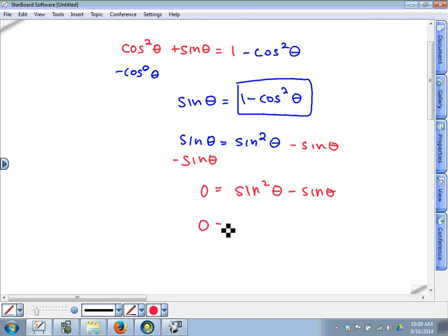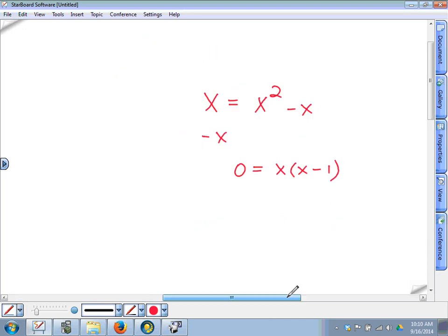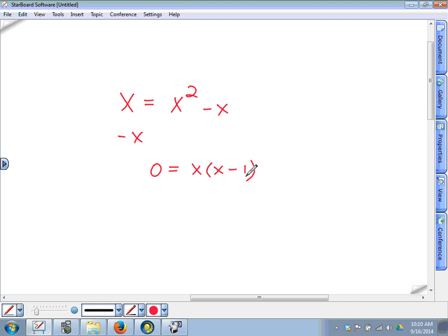Now what? Factor out a sine. I was just thinking that. Now what? Again, refer back to something that you could all do in your head automatically. How would you solve it from here? You set them both equal to 0.